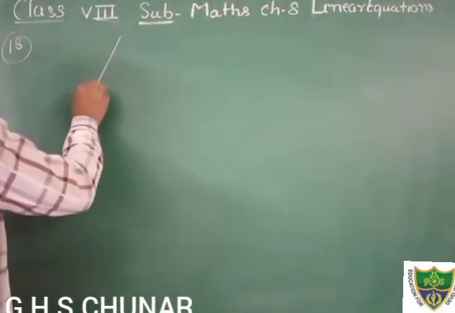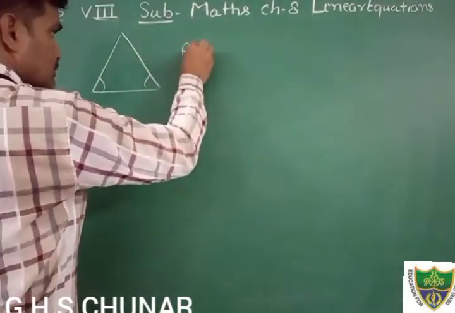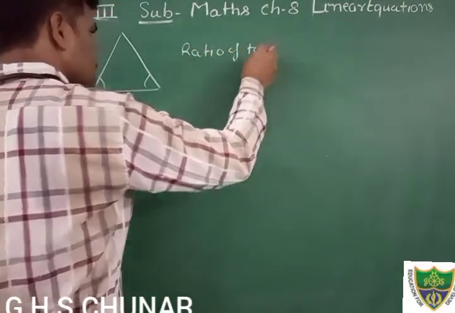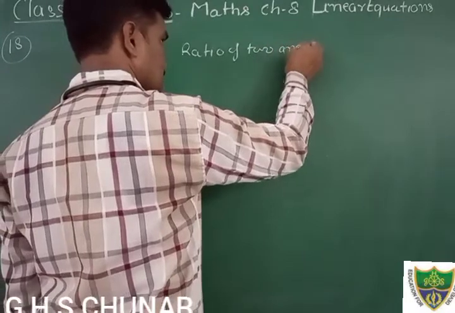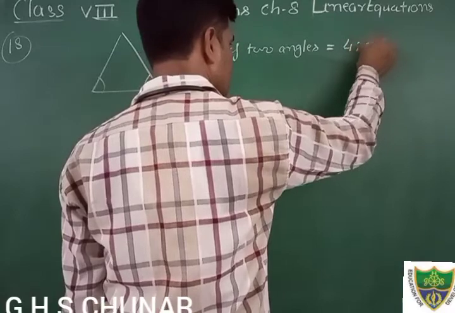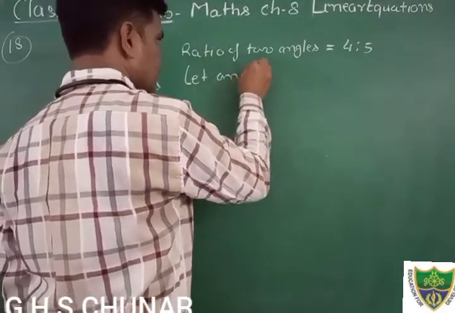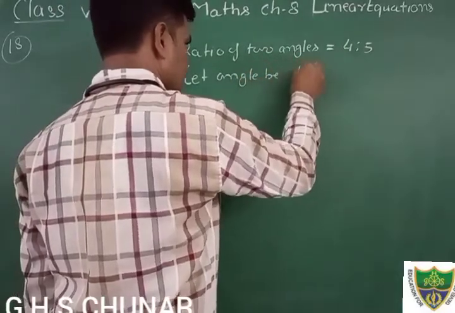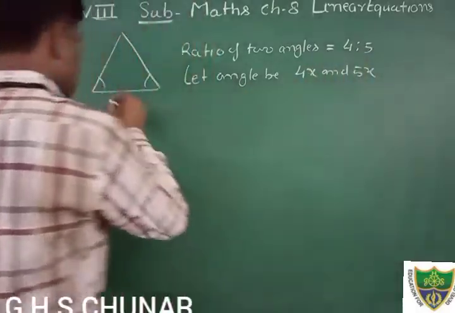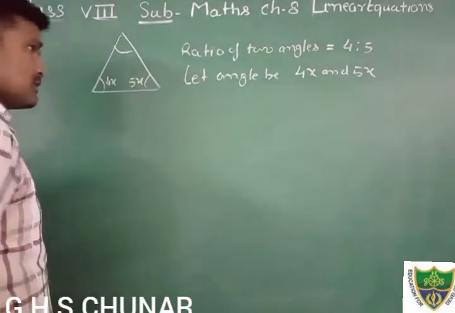There is a triangle whose two angles are in the ratio 4:5. Let the angles be 4x and 5x. If this is 4x and this is 5x, then what will be the third?